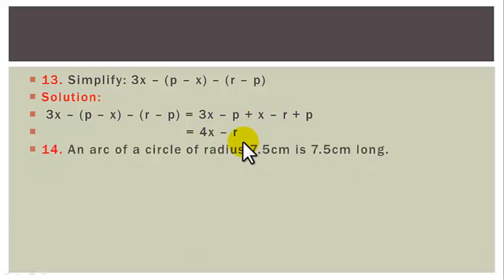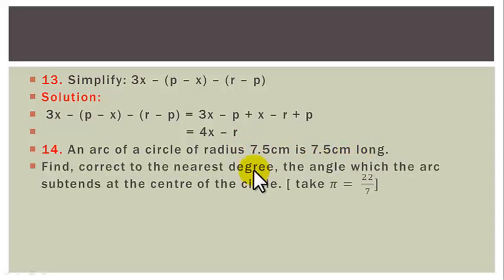Question 14. An arc of a circle of radius 7.5 cm is 7.5 cm long. Find, correct to the nearest degree, the angle which the arc subtends at the center of the circle. Take pi equal to 22/7. Solution.